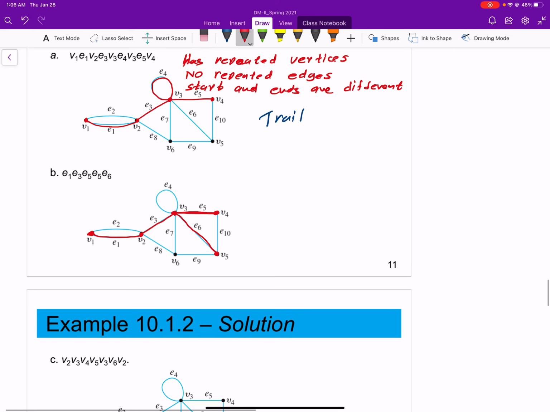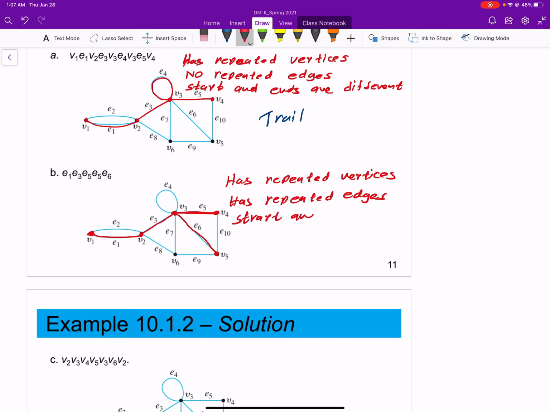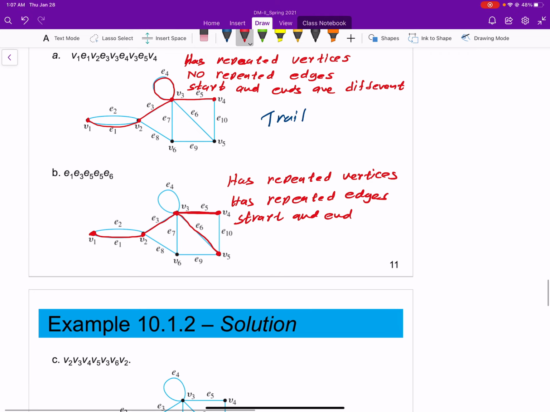This has repeated edges and repeated vertices, and the start and end are different.